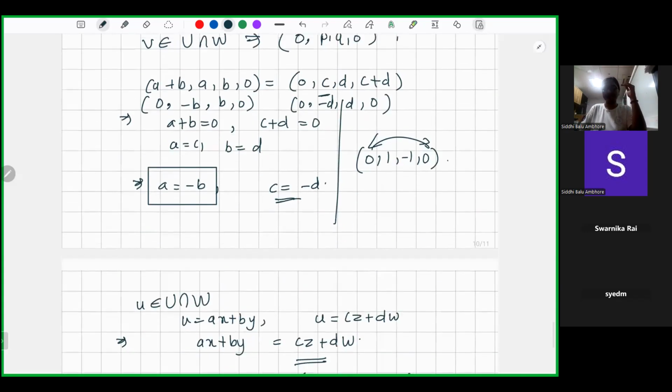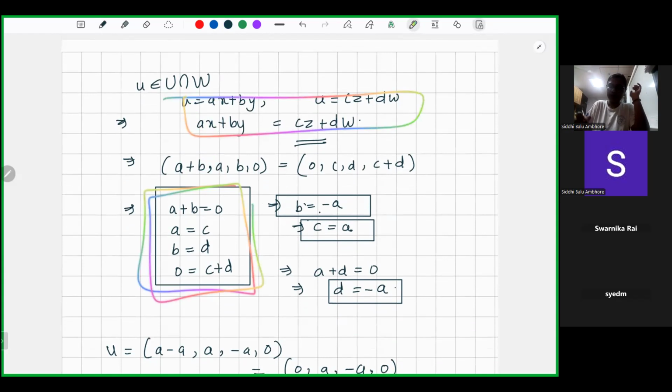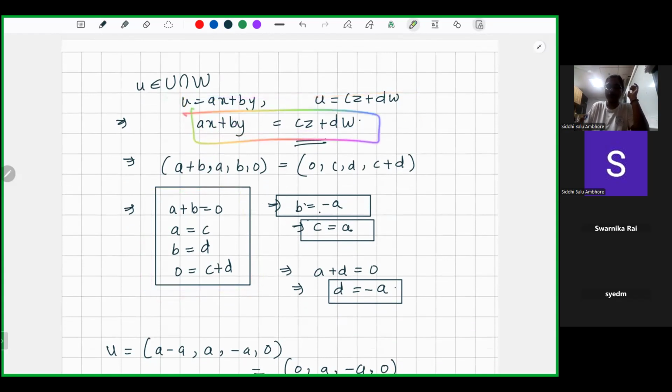What made us spend that much time was that we could not find this system of equations quickly earlier. And that we could do when we actually wrote what equality we need to follow here: that Ax plus By needs to be equal to Cz plus Dw. So this is the system now: Ax plus By minus Cz minus Dw is equal to 0, 0, 0, 0.